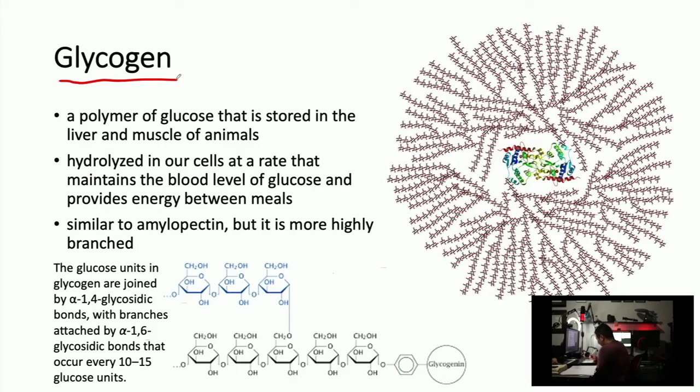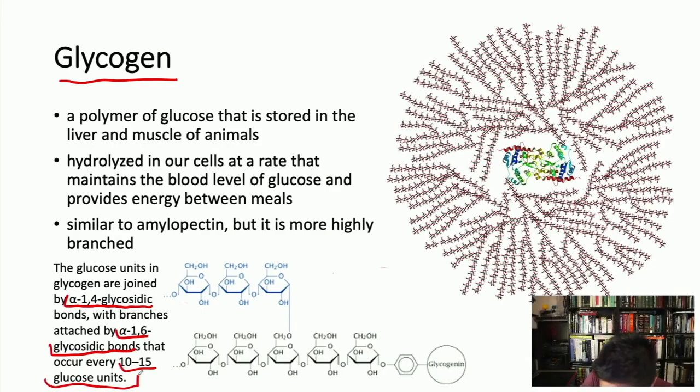But it's much more highly branched. These are also made with the alpha-1,4 glycosidic bonds for the straight chain part. And then the branches are accomplished at the 1,6 glycosidic bonds at every 10 to 15 glucose units. So the branches happen way more frequently.